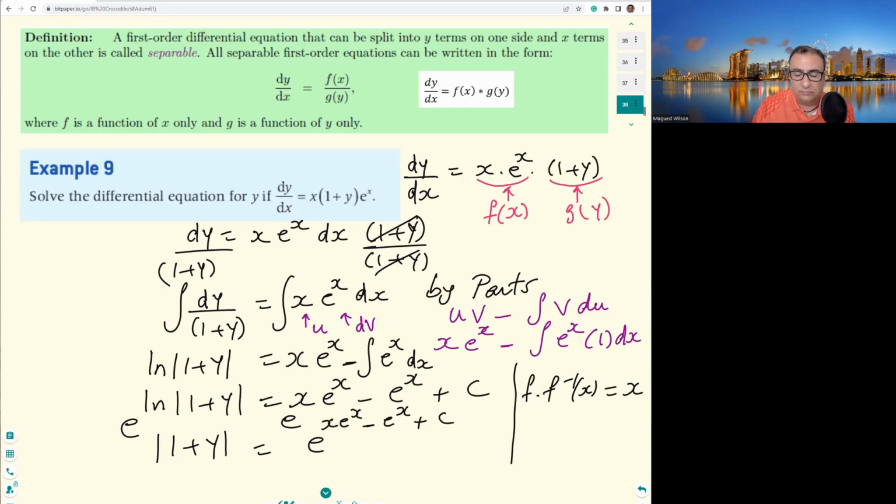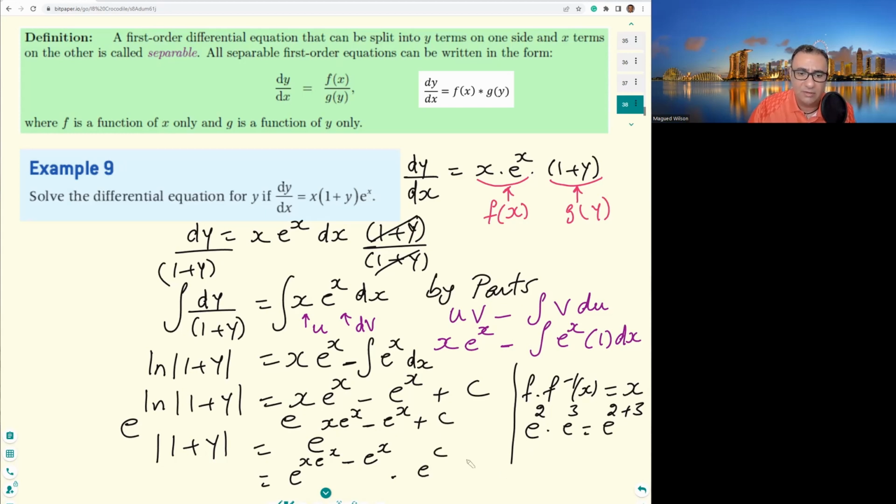Now, if you have addition in the powers, like let's say e to the power of 2 times e to the power of 3, if you have the same base and multiplication, you add the powers. So this is e to the power of 2 plus 3. So I can rewrite this as e to the power of x e to the power of x minus e to the power of x, and then times e to the power of c.